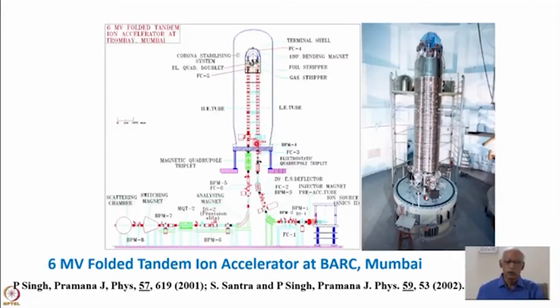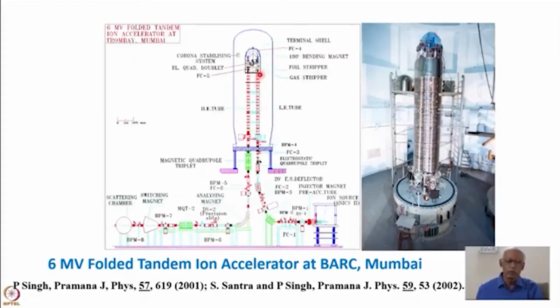Now you can see that it has to be a negative ion because it is injected here and has to be accelerated by Coulomb attraction. Had it been positive ions, they would not go through here because they would be repelled.